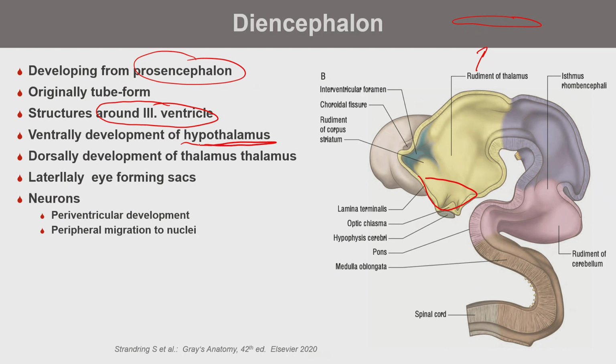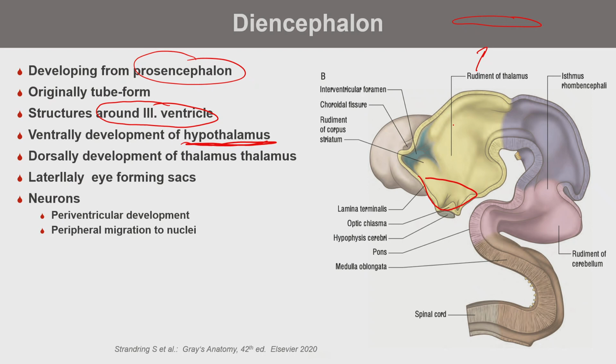Hypothalamus is a very important structure which is coordinating the reaction of the organism to the environment and has a very important influence on the inner organs according to the production of hormones and production of some releasing factors for pituitary gland. So this is a hypothalamus.